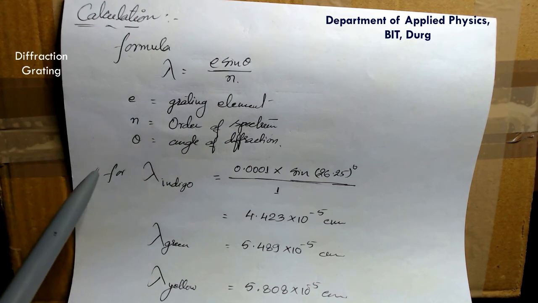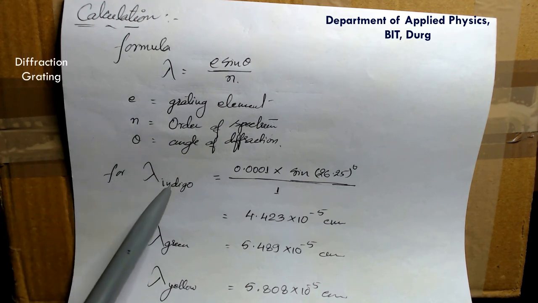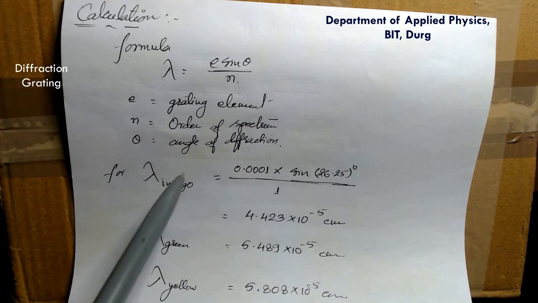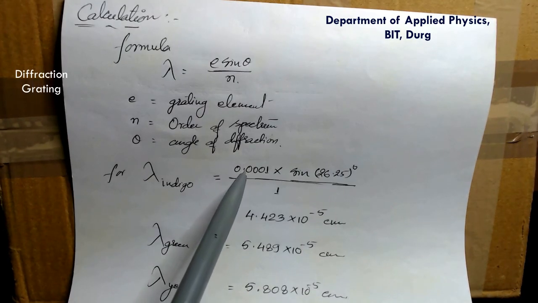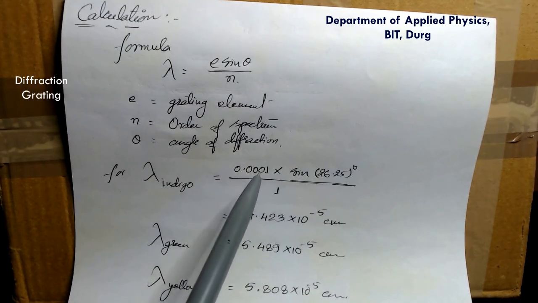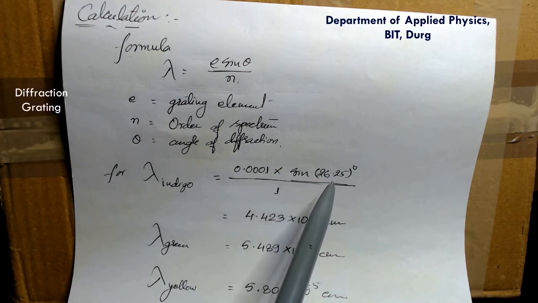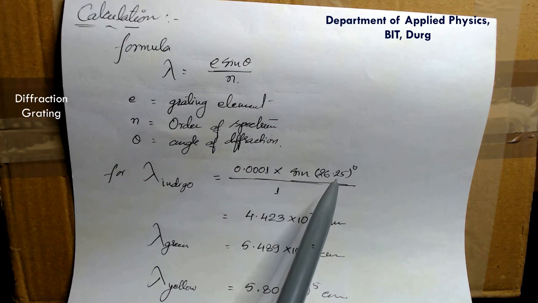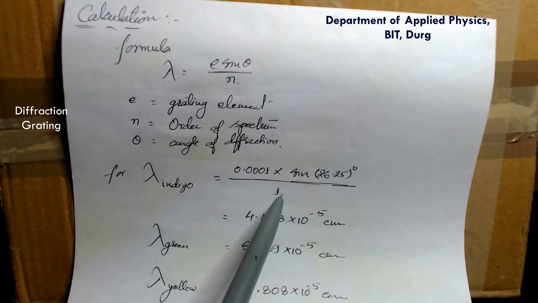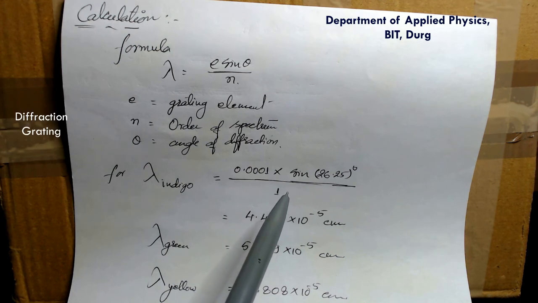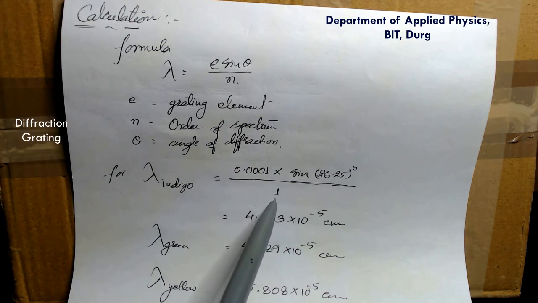So we calculate first for indigo color. For indigo, we are putting the value of E, which is equal to 0.001 multiplied by sine of the angle of deviation from the central maxima, that is 26.25 degree, divided by 1, which is the number of spectrum, because we have taken the reading of first order spectrum only.